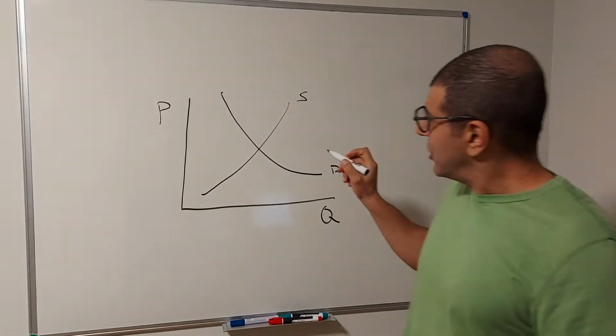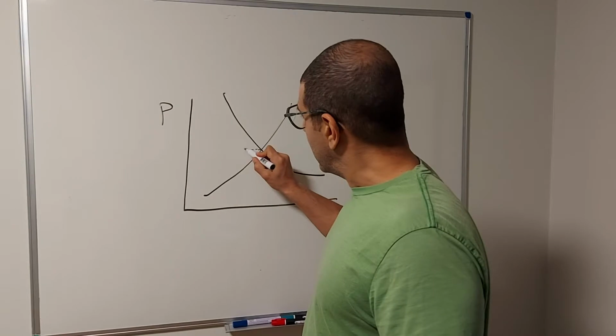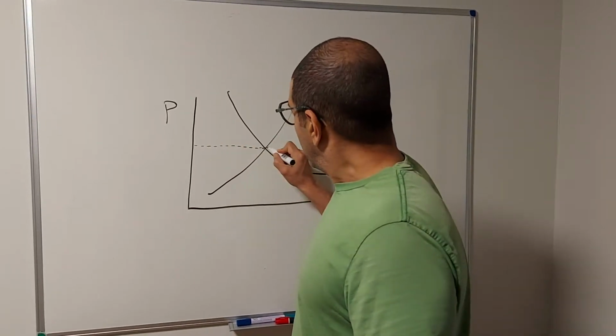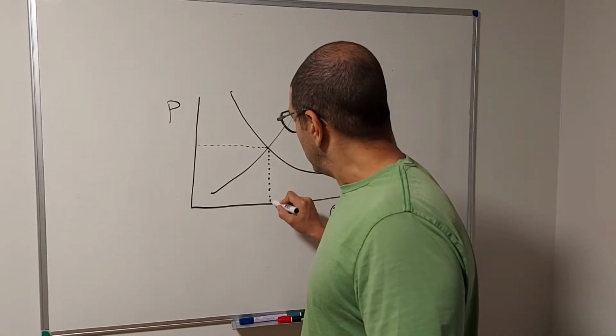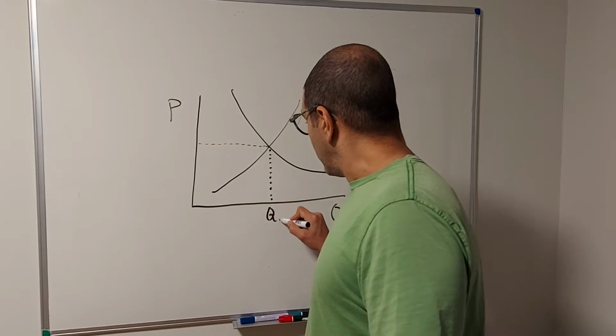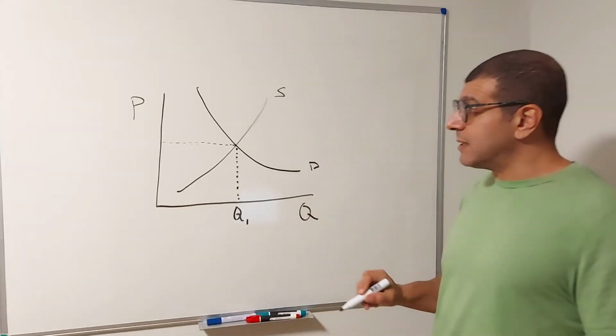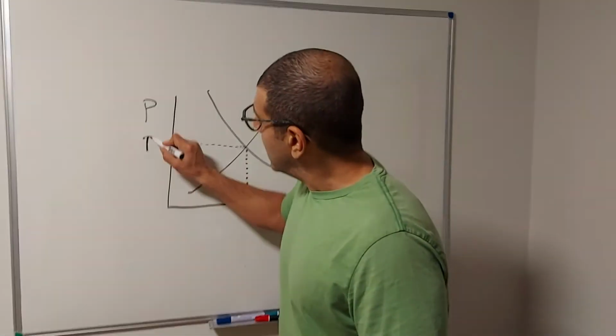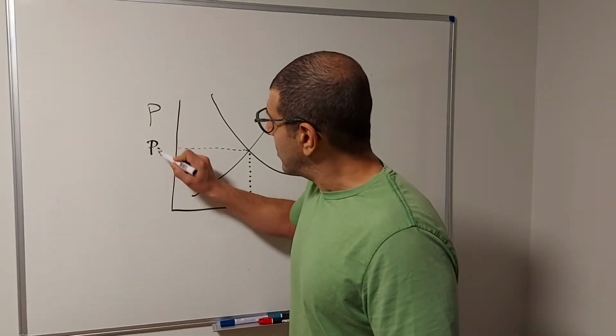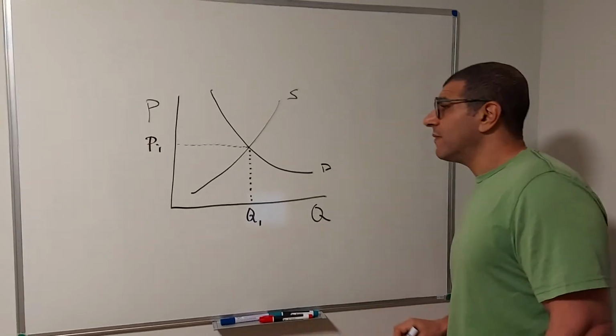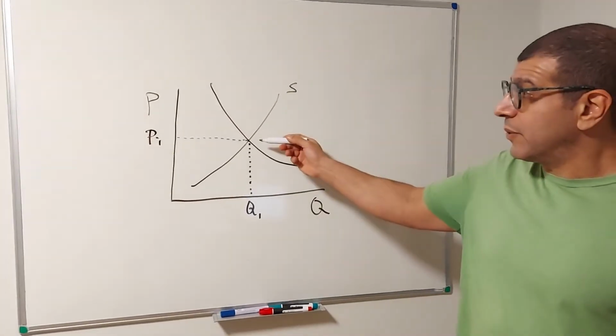At the intersection of demand and supply is what we call the equilibrium position. The equilibrium position is what we observe, which is the quantity of a product that we see in the marketplace with the price level that we observe, and that price level is the equilibrium price.